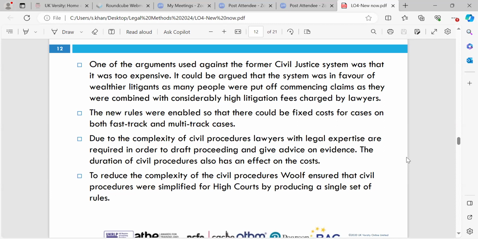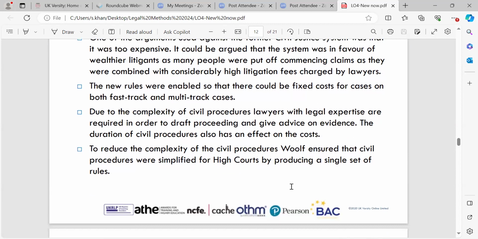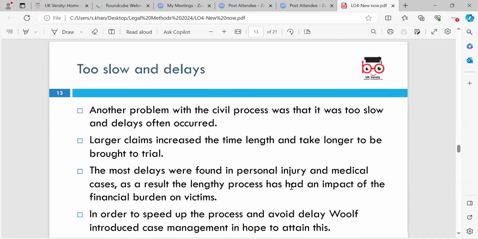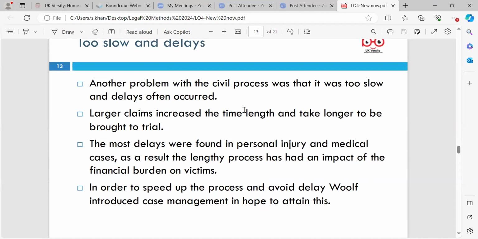To reduce the complexity of the civil procedures, Woolf simplified them by producing a single set of rules. Too slow and delays. Another problem with the civil process was that it was too slow and delays often occurred.